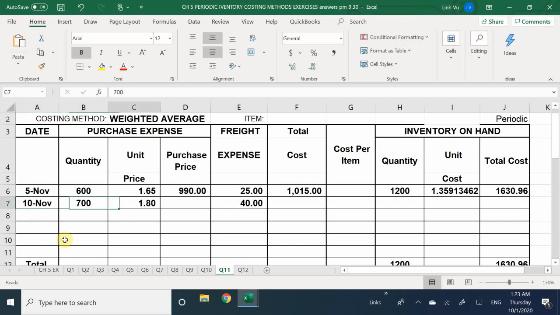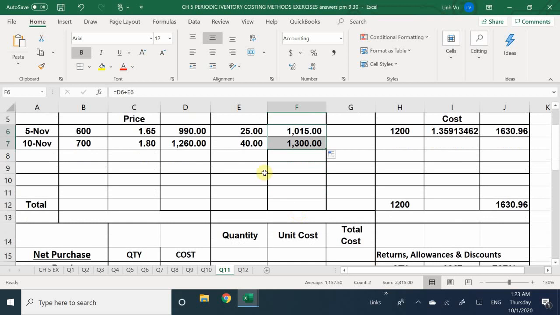Okay, 700 at $1.80 with a freight of $40, giving us a total purchase price of $1,260, plus $40, which gives us a grand total of $1,300. And we don't need to solve for our cost per item.